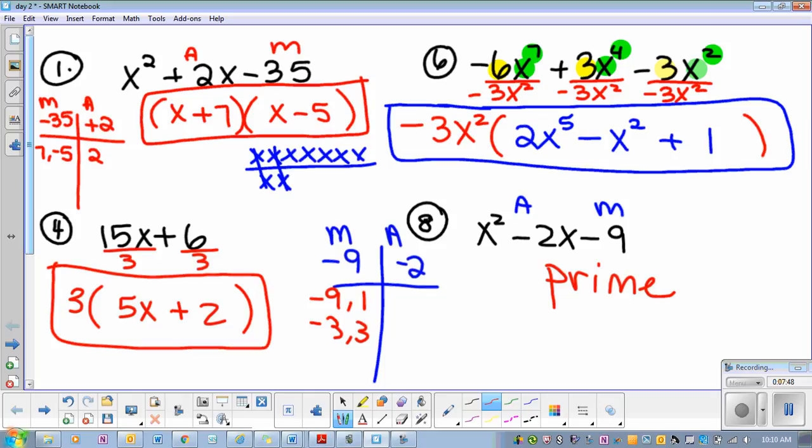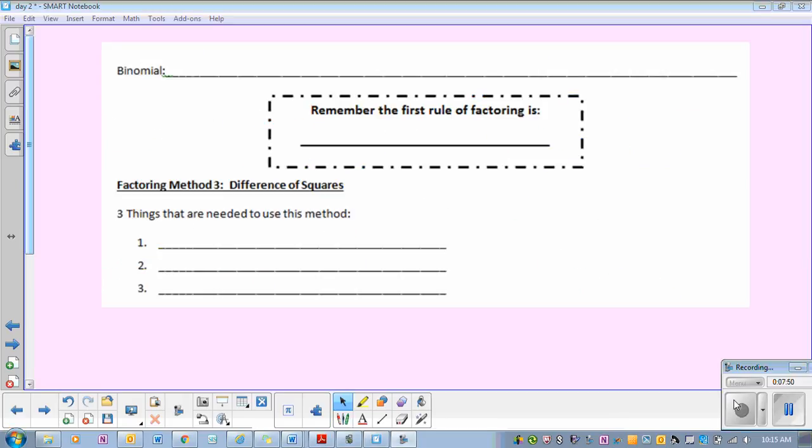Alright guys, so today we're going to talk about factoring binomials. And what is a binomial? Well, if a trinomial has 3 terms, then a binomial has how many? 2. Because a tricycle has 3 wheels, and a bicycle has 2 wheels.